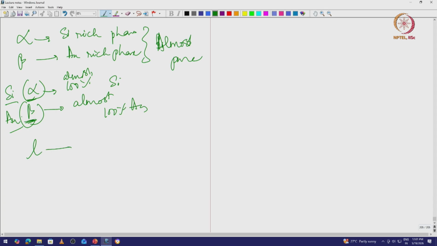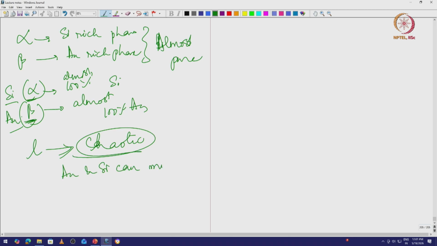But the liquid phase, however, is sort of chaotic, right. In the liquid phase gold and silicon can mix to form a solution. I am going to call it the gold-silicon solution, and that is the liquid phase, okay.